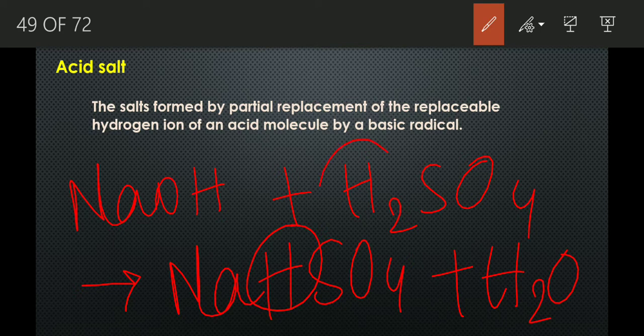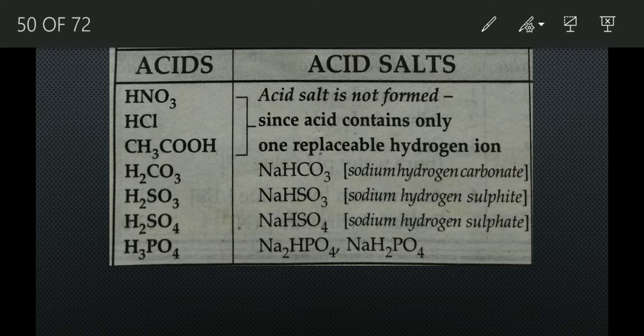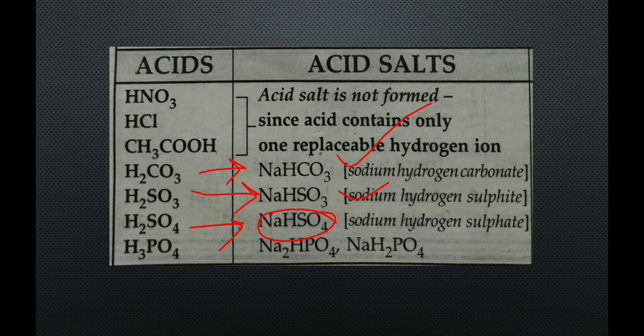That means the 2 hydrogens present in H2SO4 are not totally replaced. Apart from sodium bisulfate, there are other salts like sodium bicarbonate, which is formed from carbonic acid, and sodium bisulfite, which is formed from sulfurous acid. In these acid salts, they always contain a replaceable hydrogen atom in the molecule. Clear?